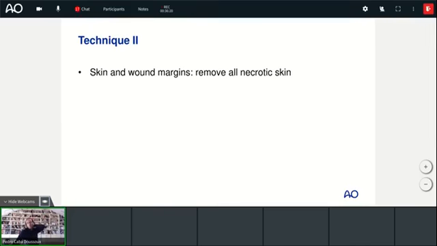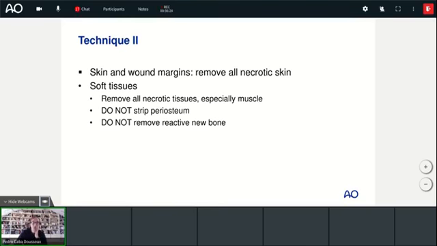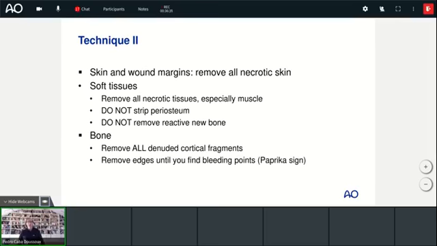So for the skin, remove all the necrotic skin. And for the other soft tissues, you have to remove all the necrotic tissues, especially muscle, but do not strip periosteum and do not remove reactive new bone. Bone, this is probably the worst part. We don't like to remove bone because we know how difficult it is to create.